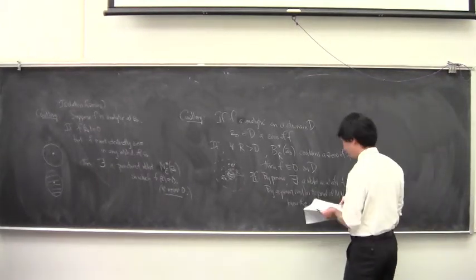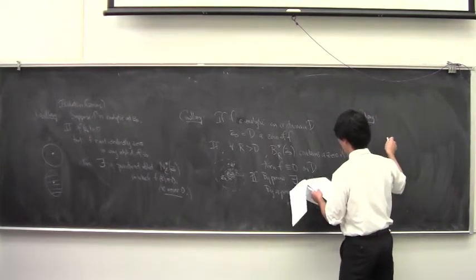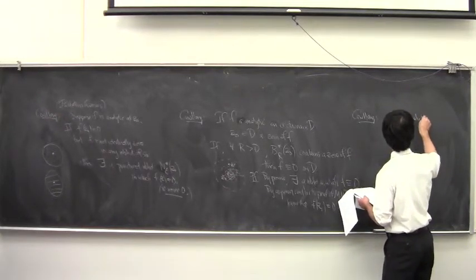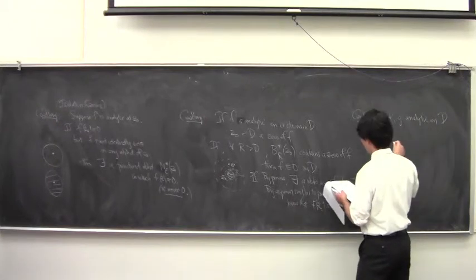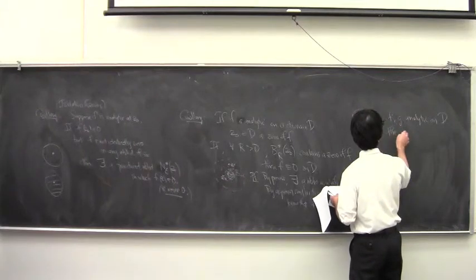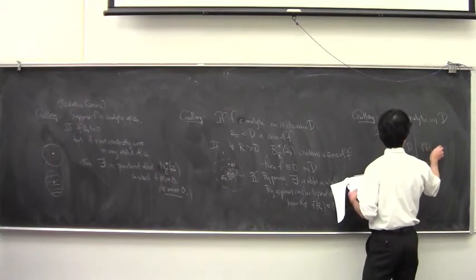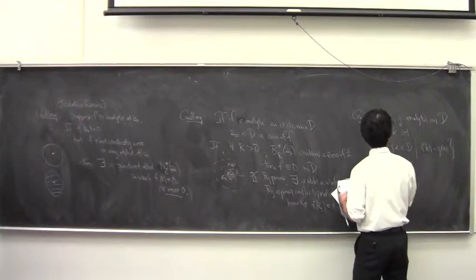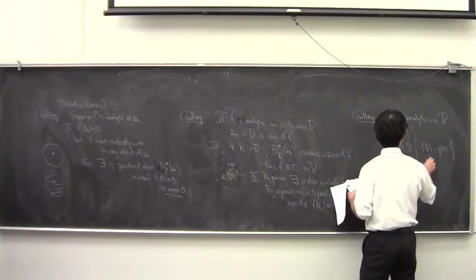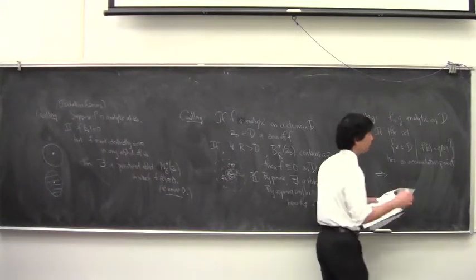So what does that give you? Right? That gives you that if you have two functions, f and g, analytic on some domain, and if the set of points where f of z equals g of z has an accumulation point, then what?